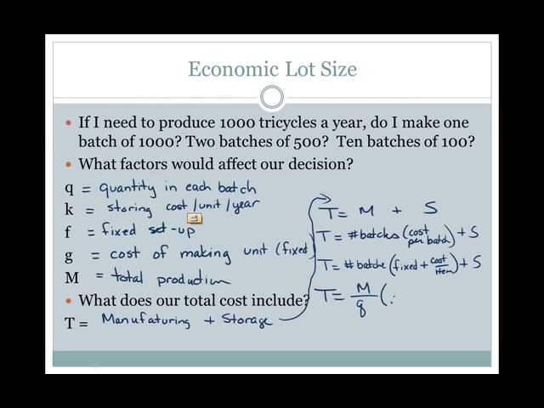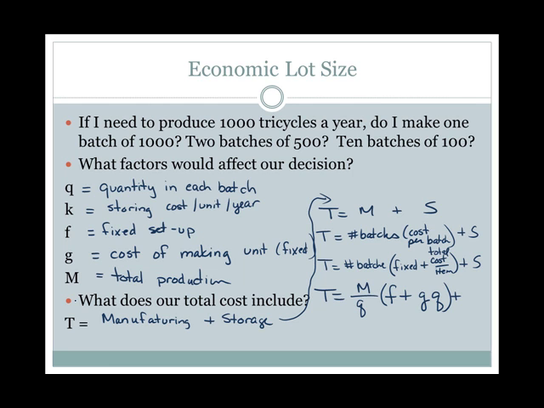Our fixed cost we called F. Our cost per item would be G, and when we say cost per item here, we're looking at total cost per item because we're making a bunch of them, right? So we're making a certain quantity and each of them cost a certain amount. So it's cost per item total because we're trying to find total cost.